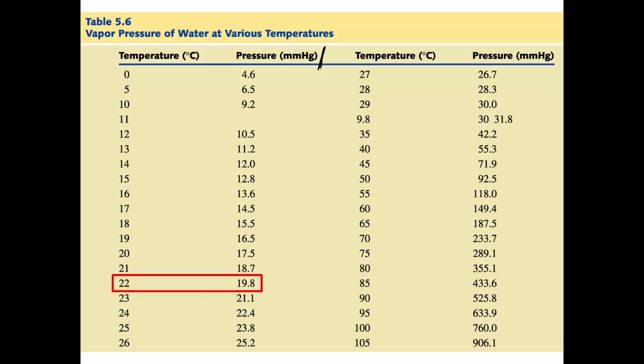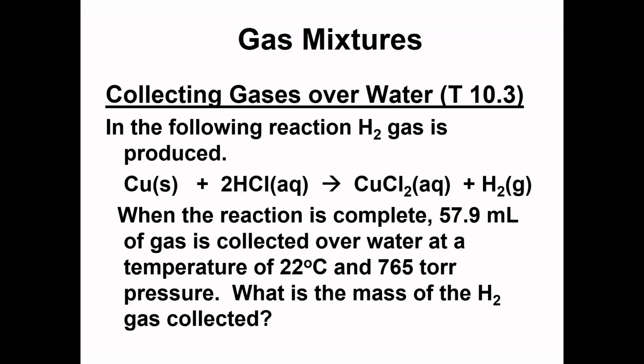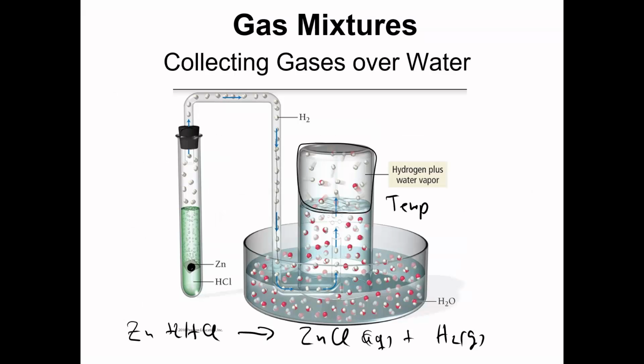If you use PV equals nRT, you know the volume and the temperature and the pressure. Let's say the pressure is 760 millimeters of mercury, that's the total pressure, right?